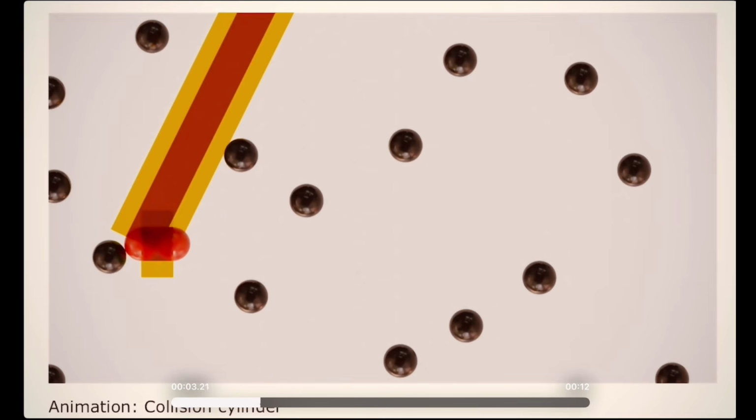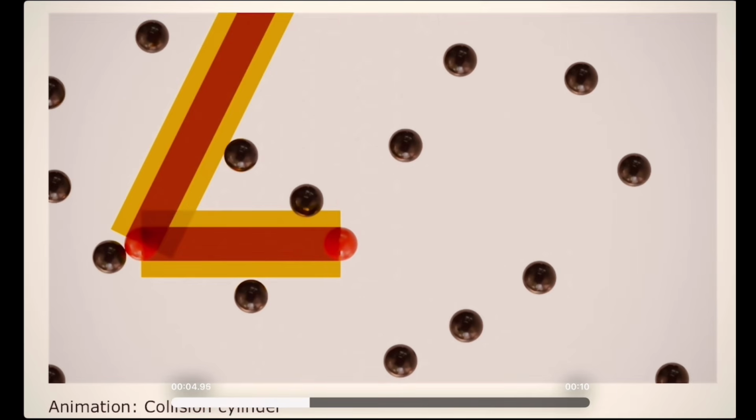Now you can see other gas molecules. This is the path of the gas molecule. The yellow lines indicate the collision cylinder, and these black gas molecules are lying outside of the collision cylinder. Therefore, they are going to miss the molecular collisions. Now it is traveling in the same direction because there is no molecular collision.